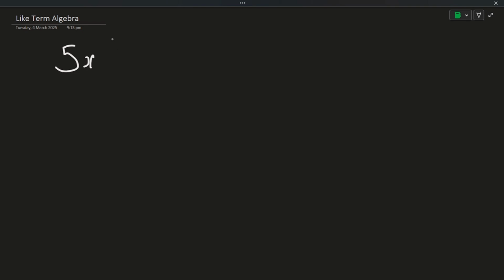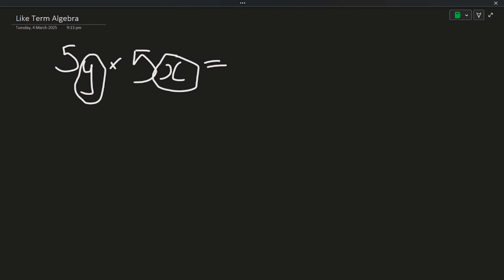If it's 5y, and another variable has a 5x onto it, which is times 5x, you would realistically not do anything in the like term part here that I'm covering. You won't be looking at the y's, you won't be looking at the x's.